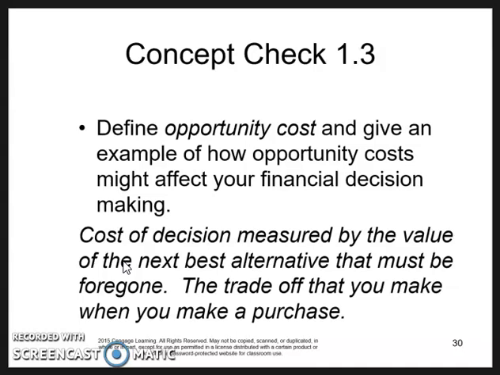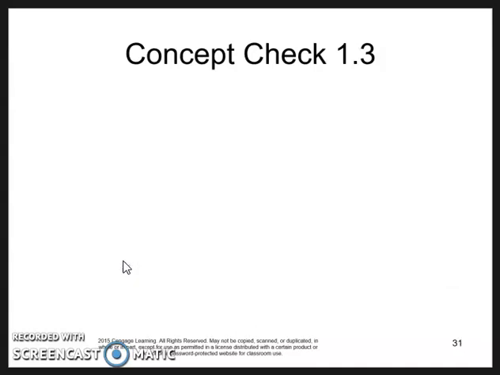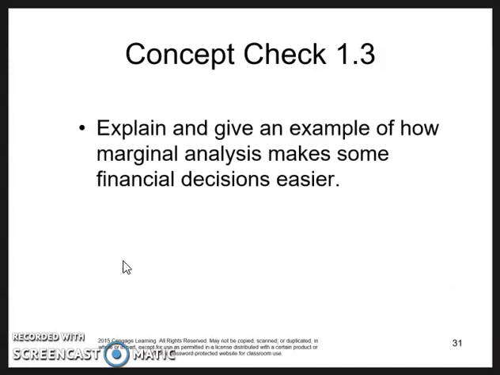But when you make the decision to stay at work for those extra hours and get time and a half or whatever that may be, you're giving up the opportunity to spend your time doing something else, and that is an opportunity cost. Or if you chose to stay at home, the income that you're giving up in that overtime would be an opportunity cost.